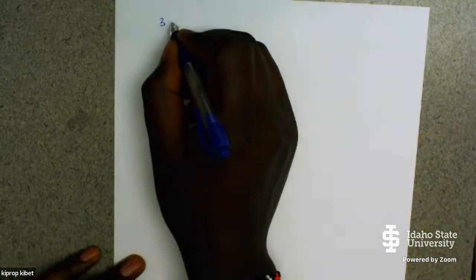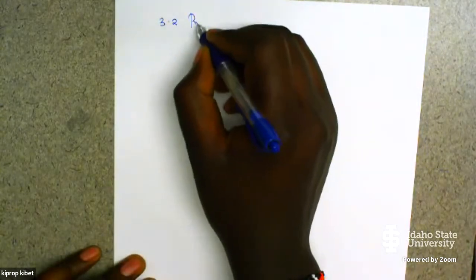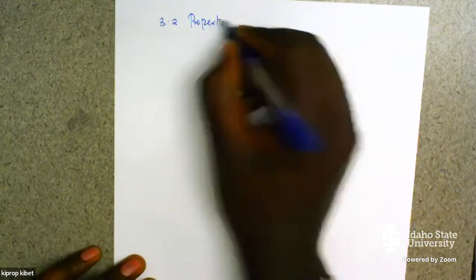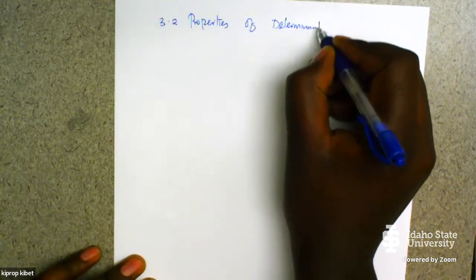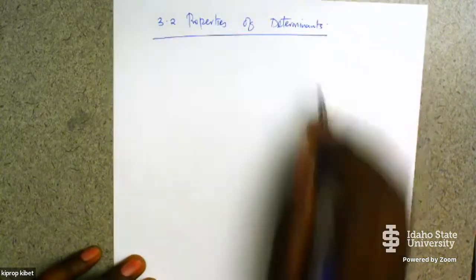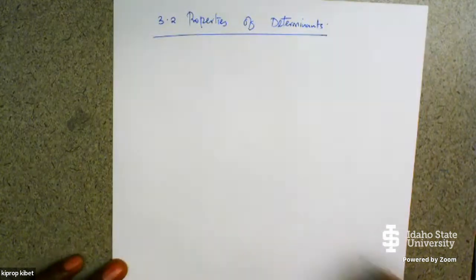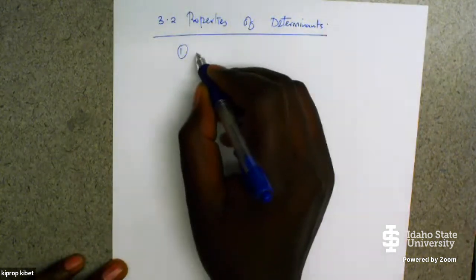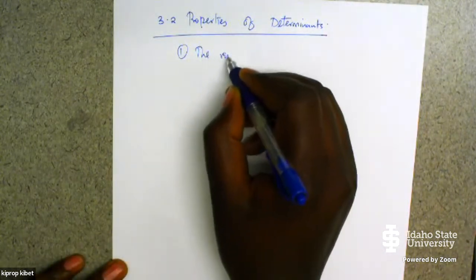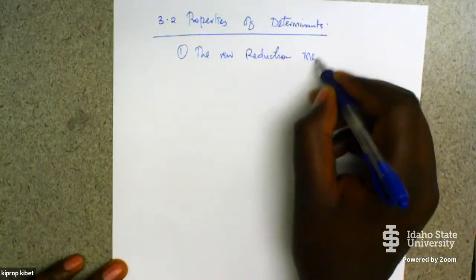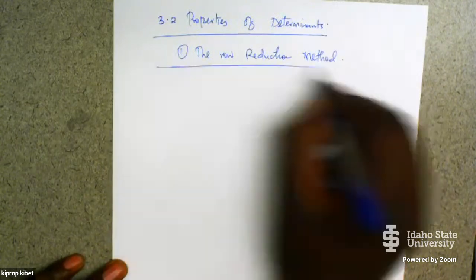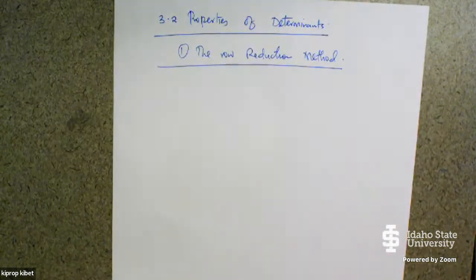Cool. So let's do 3.2, properties of determinants. We will start from the first one, which is the row reduction method, which we have always been doing all along.